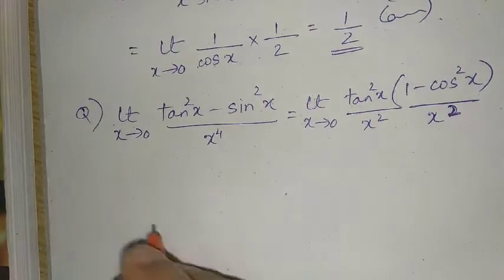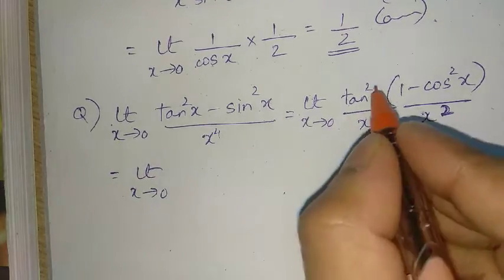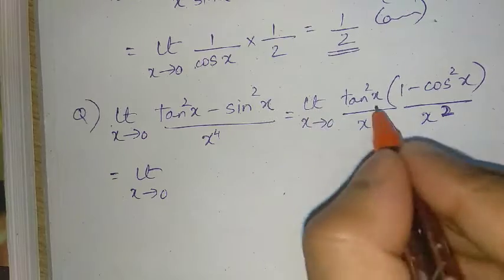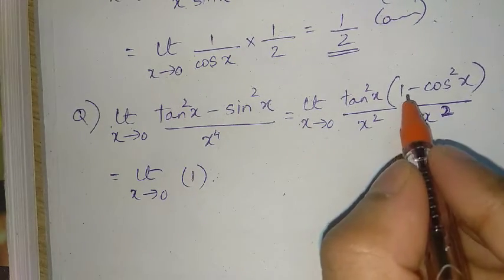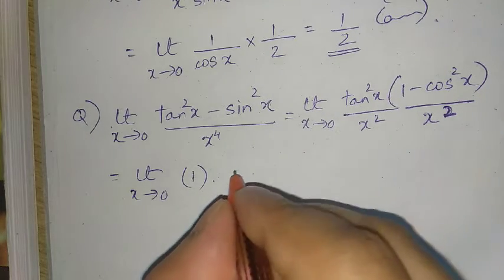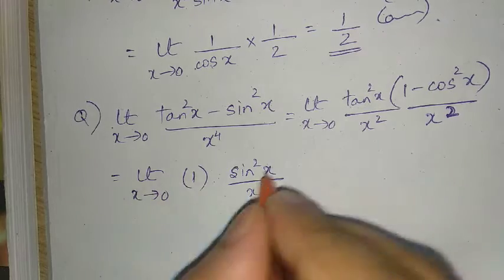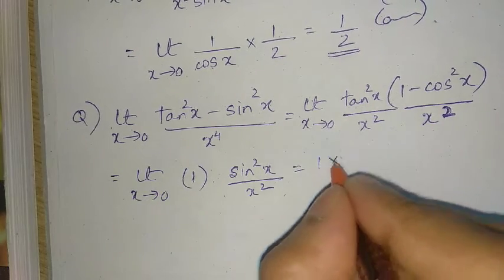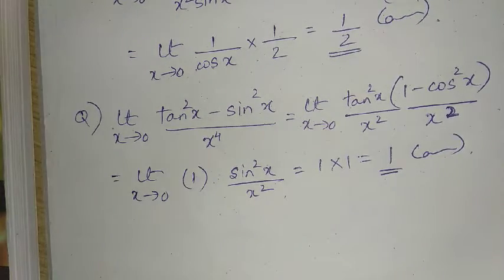After this, what we get is limit x tends to 0 of tan square x by x square, which is nothing but 1, into limit x tends to 0 of 1 minus cos square x, which is sin square x by x square, and this is also equal to 1. So 1 into 1, our final answer is 1.